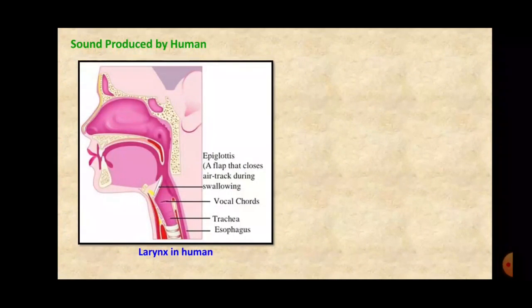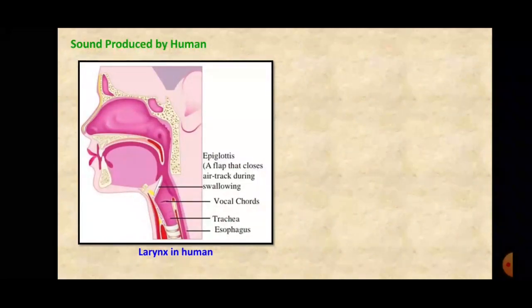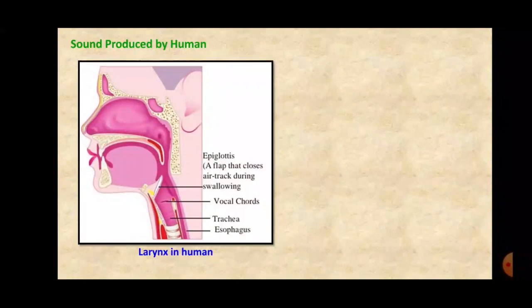And here two vocal cords are stretched across the voice box or larynx in such a way that a very small narrow slit is present to pass the air. Larynx is also called the voice box.